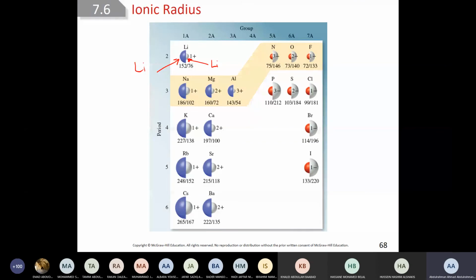The blue is lithium and the gray is lithium plus. What happens if you go from blue to gray? Decrease. And here, the red is the phosphorus atom, and the gray is phosphorus 3 minus. What happens if you go from red to gray? Increase, because the size increases.